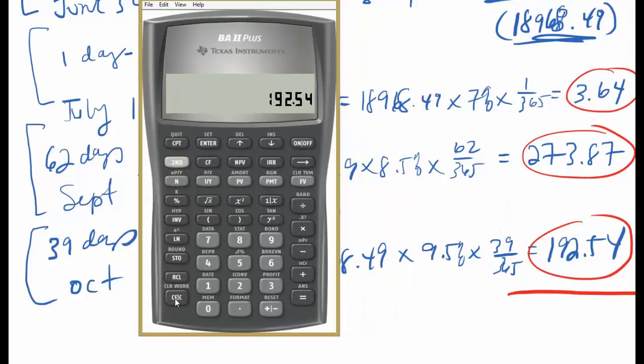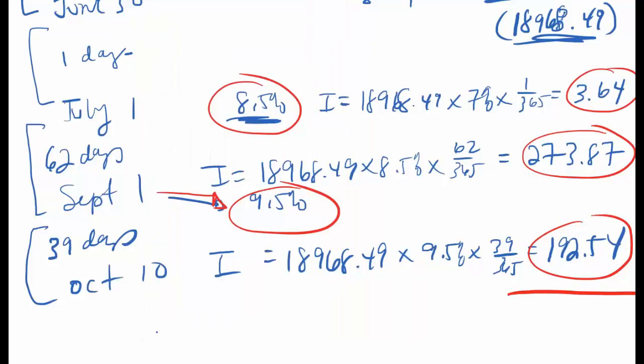So recall 7, $3.64, plus recall 8, $273.87, plus the last one we just calculated, $192.54. I know that the amount of interest owing now is $470.05. This is the interest owing. Okay.